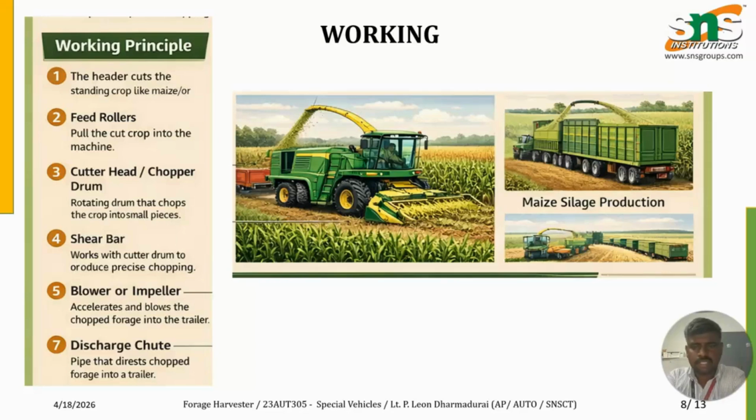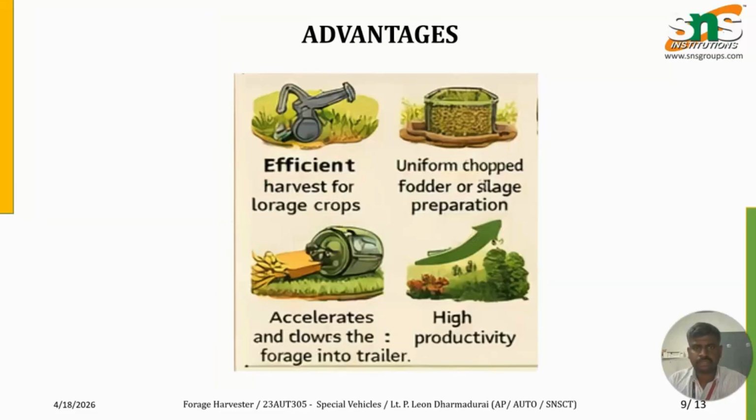The blower and impeller blow the chopped forage into the trailer, and last is the discharge chute, where the waste is thrown away. The waste from the maize plant is thrown away, and the maize is collected separately. So this is the main working of this vehicle.